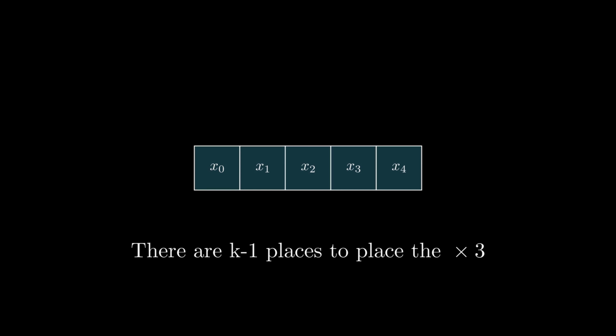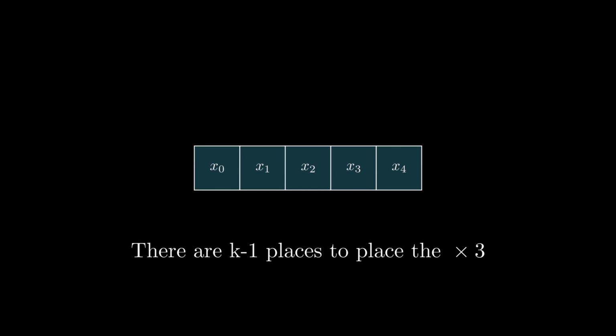So, if the other option other than the maximal set construction we had is one times 3 and the rest times 2's, realize that if the maximal size was k, there are k minus 1 adjacent pairs. That means that there are k minus 1 different places we can place the times 3, and the rest are times 2's.